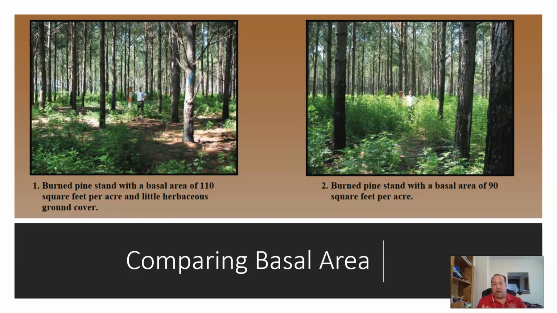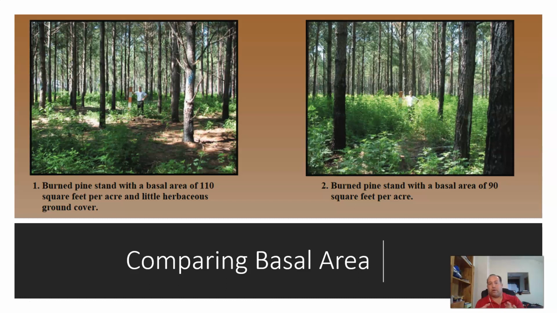We start training our eye to match up with what the numbers say, and really start to get a feel for how to do inventory and what a forest stand looks like. For me, at least, with basal area, I go from just, okay, DBH, I measure the width of the tree, and height, I measure the height of the tree, to more of, with basal area, this is how much wood is actually in this tree.